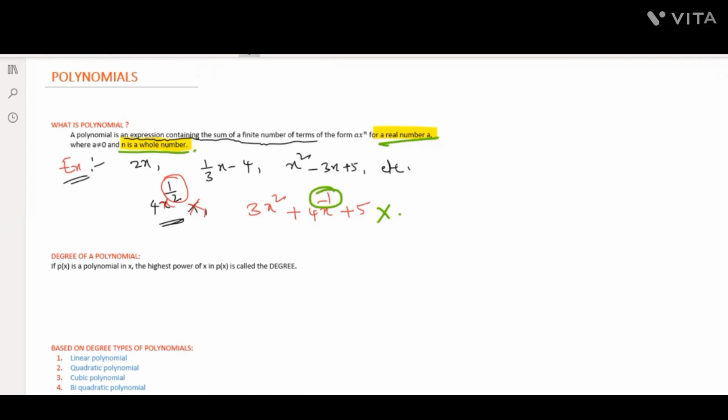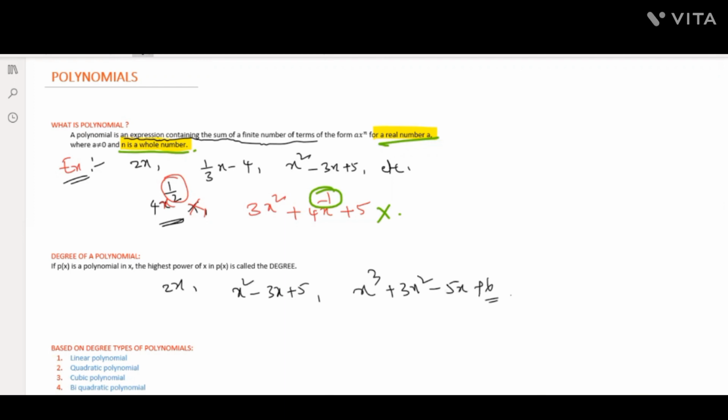So let's move to the degree of a polynomial. What is meant by the degree of a polynomial? For example, in the previous one, I took 2x, x squared minus 3x plus 5, and let's take x cubed plus 3x squared minus 5x plus 6. Like this, we will take different examples.